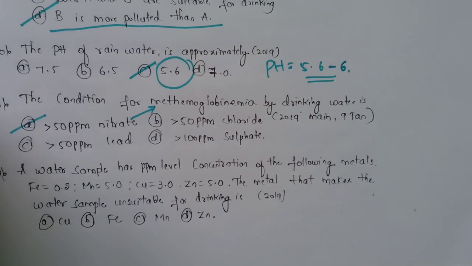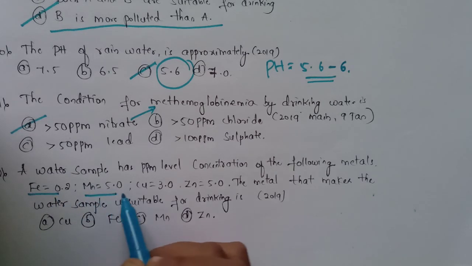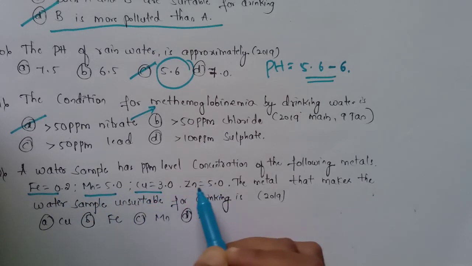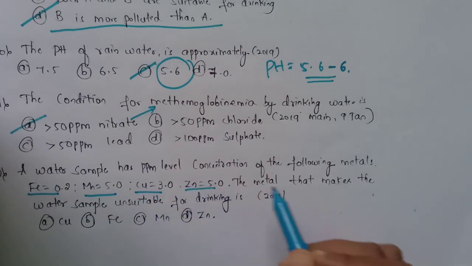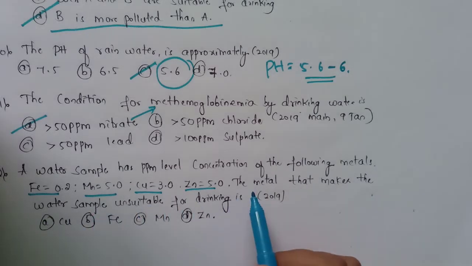Now coming to the 22nd question, the water sample has ppm concentration levels of the following metals: Fe 0.2, Mn 5.0, Cu 3.0 and Zn 5.0. The metal that makes the water sample unsuitable for drinking is... Now for drinking water, the maximum recommended levels of some metals are set by the EEC, that is European Environmental Commission.